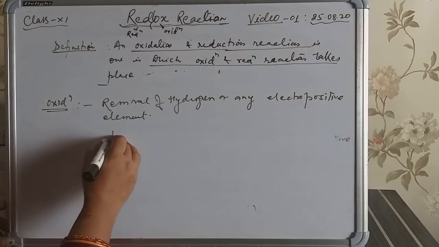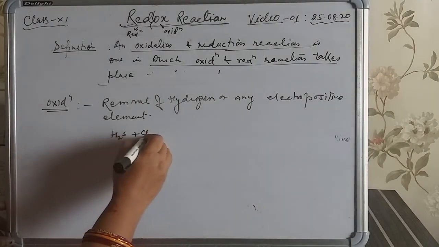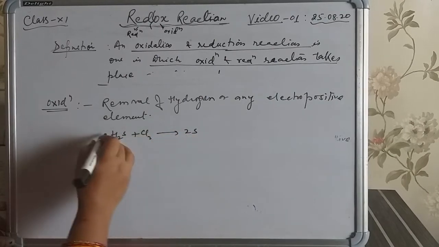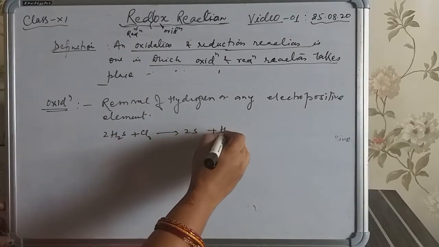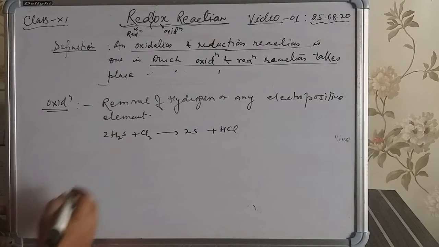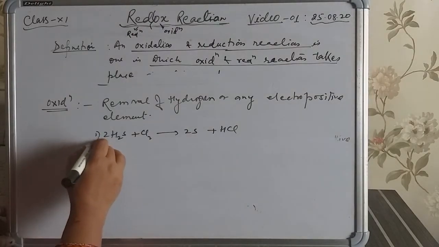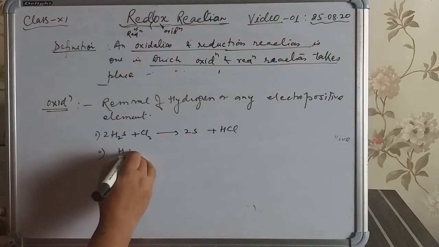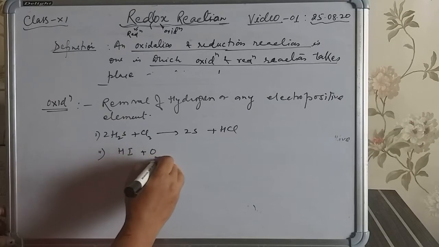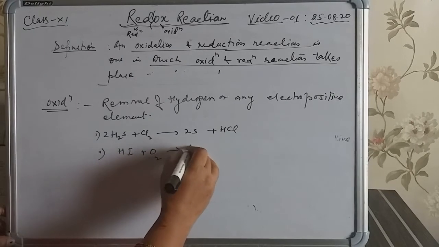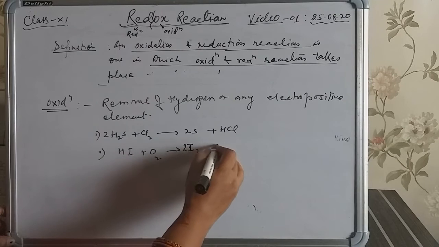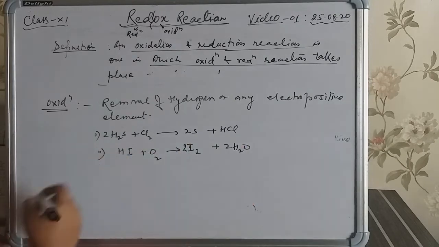For example, hydrogen sulfide and chlorine form sulfur plus hydrogen chloride. Next example, hydrogen iodide plus oxygen to form iodine plus H2O, and so on.